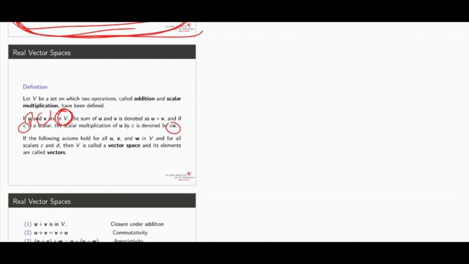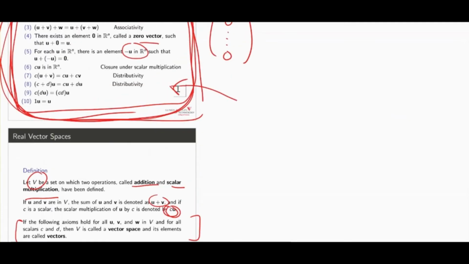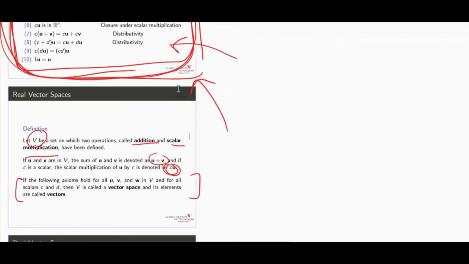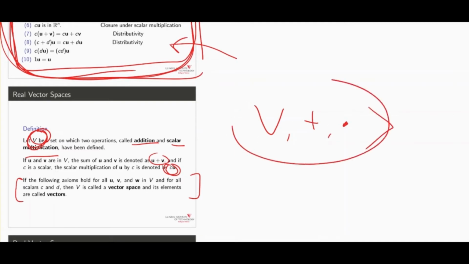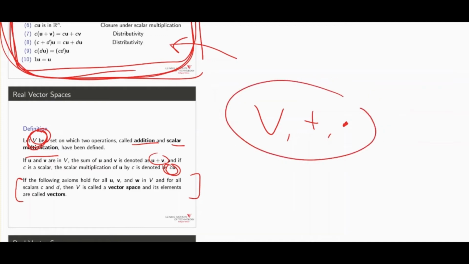These are just introducing the notations. And if the addition and scalar multiplication satisfy these 10 axioms, then we'll call that set, together with the addition and scalar multiplication, a vector space.